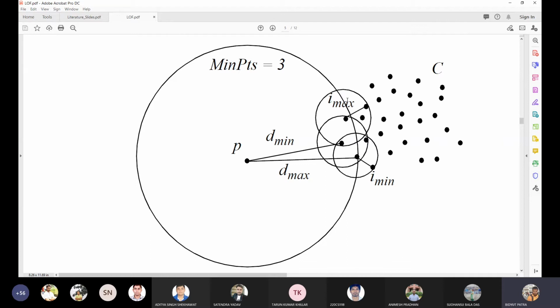Because the numerator is higher, this value will be more than the point's corresponding LRD. Therefore a higher LOF value indicates the point is an outlier.